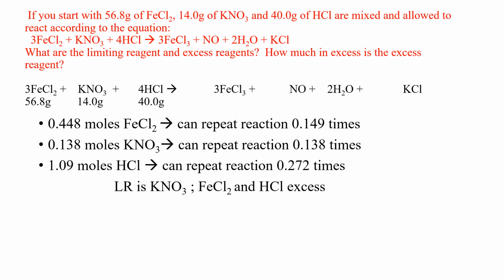You still have to convert everything into moles first, and then answer that question, how many times you can repeat the experiment given the number of moles of each reagent given to you, before you can finally make the conclusion for potassium nitrate to be the limiting reagent.